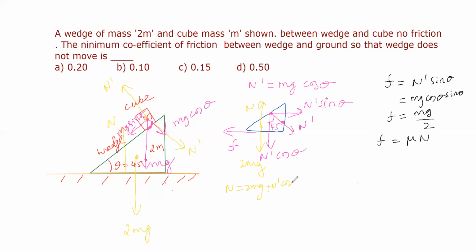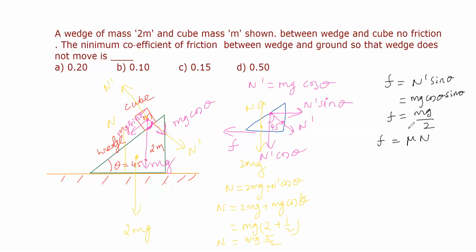N dash is mg cos theta, so N is equal to 2mg plus mg cos squared theta. Cos theta is 1 by root 2, so cos squared theta is 1 by 2. Taking mg common, we get 2 plus 1 by 2, so N is equal to mg into 5 by 2.